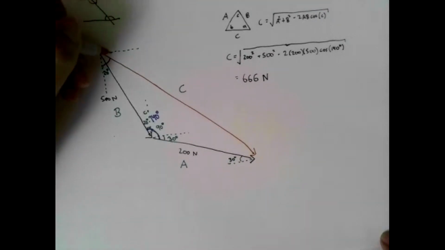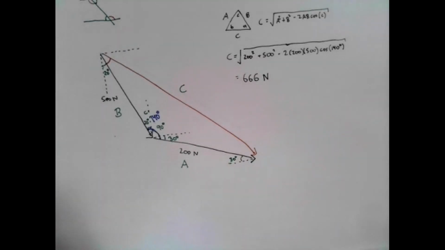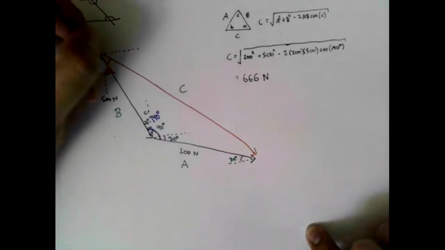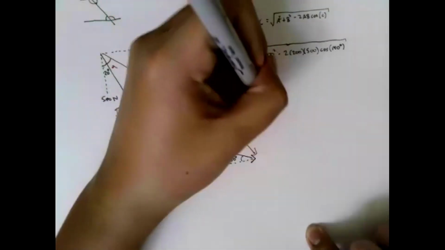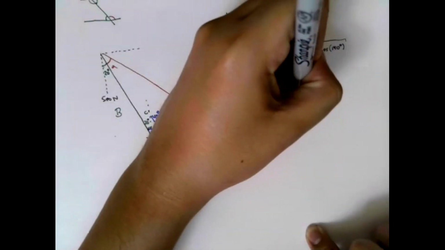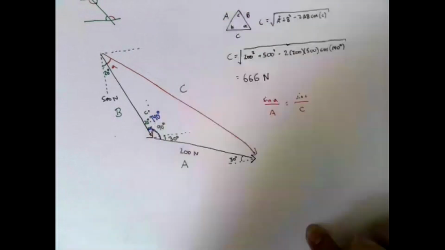And once you do that, you'll have the angle between C and the horizontal, right? So let's just go ahead and do that quickly. I just want this angle, right? And this was A, this is going to be an angle little a. So sine law tells me that sine of little a over A is equal to sine of little c over C, right? That's the sine law.